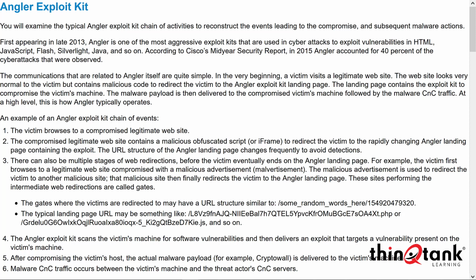But why did Angler stand out among all of the other exploit kits that existed? It, in fact, has gone down pretty much in history as one of the most notorious exploit kits that were used in cyber attacks. Even though it didn't last very long, it gained a lot of traction because it had a lot of special characteristics. It spread ransomware and used malvertising and even hacktivism campaigns to actually spread.